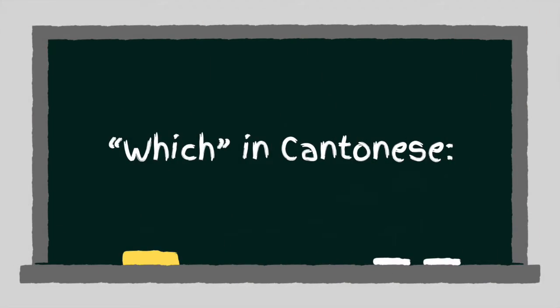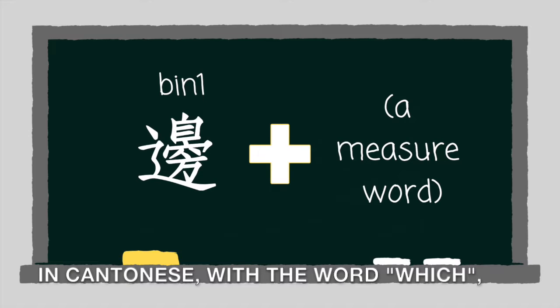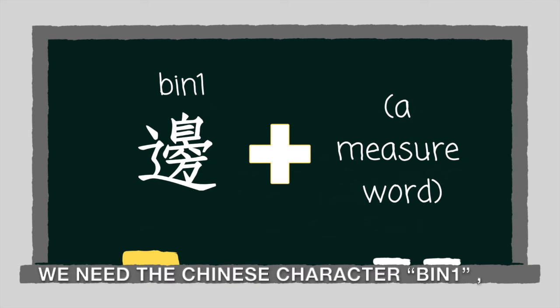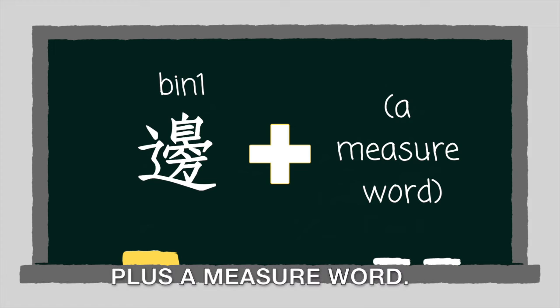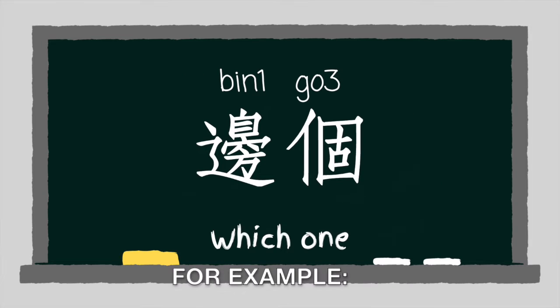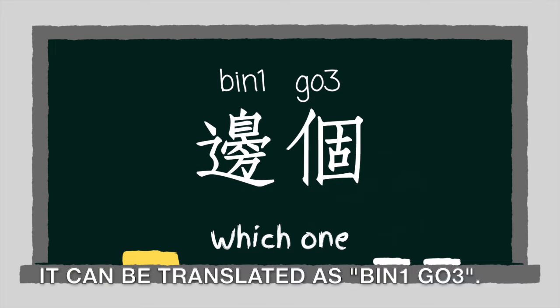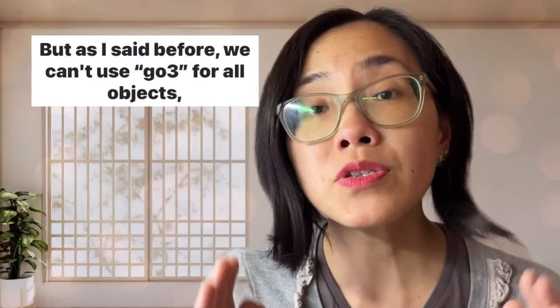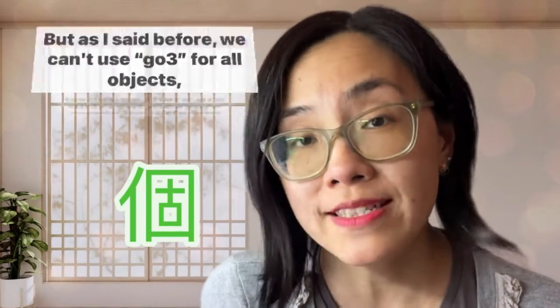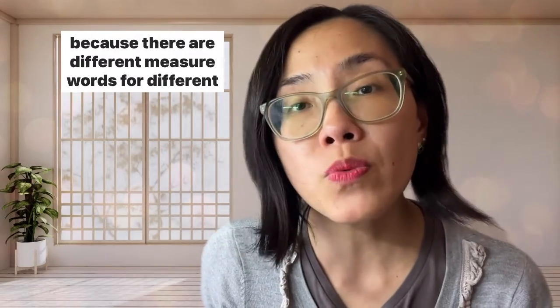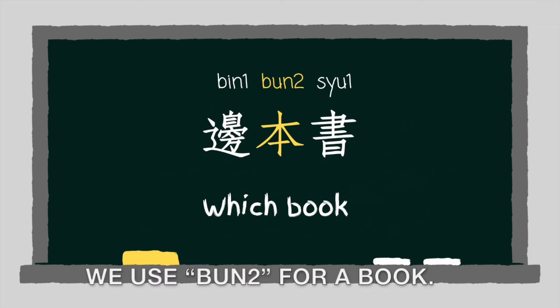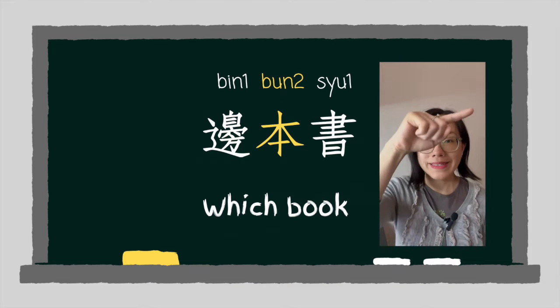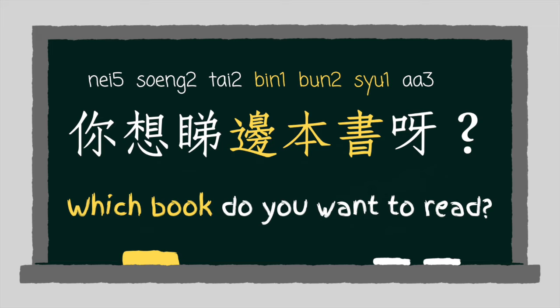Which in Cantonese. In Cantonese, with the word which, we need the Chinese character bin plus a measure word. For example, it can be translated as 邊個. But as I said before, we can't use 個 for all objects because there are different measure words for different situations. For example, we use 本 for a book. 邊本你想睇邊本書啊?